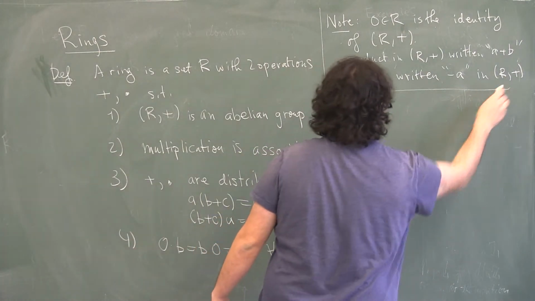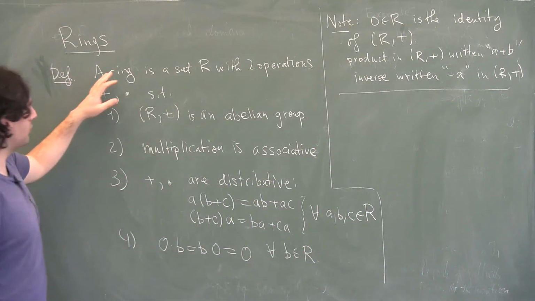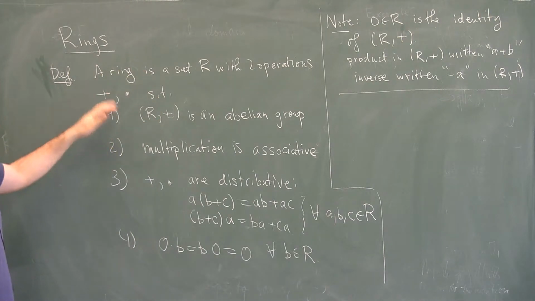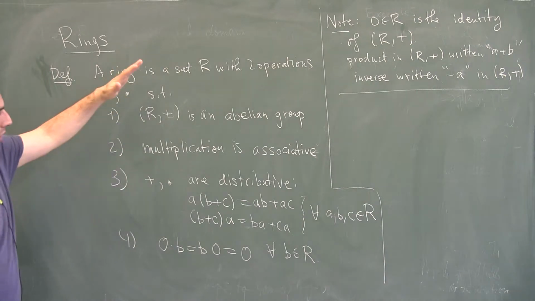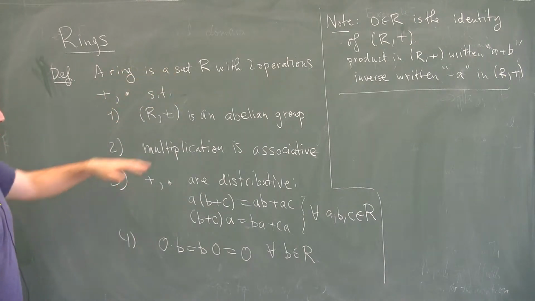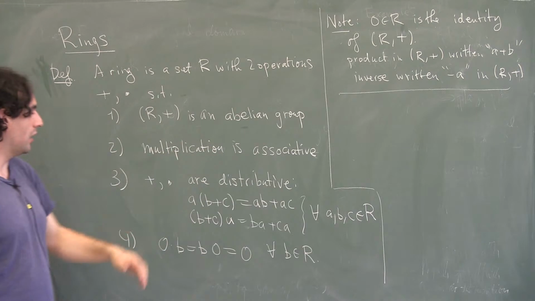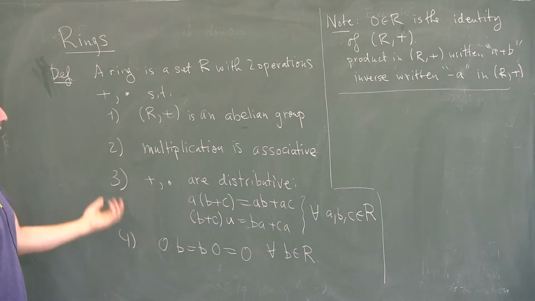Now, another comment. Here I have defined a ring as a set together with two operations, and I told you what these operations should satisfy. It should be a group under addition. That group should be abelian. Under multiplication, we require a lot less.